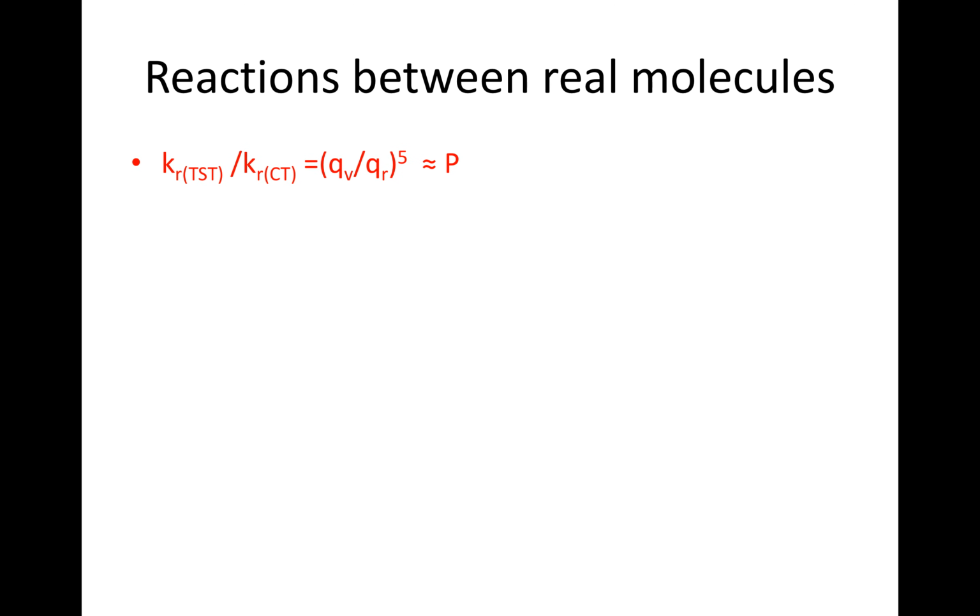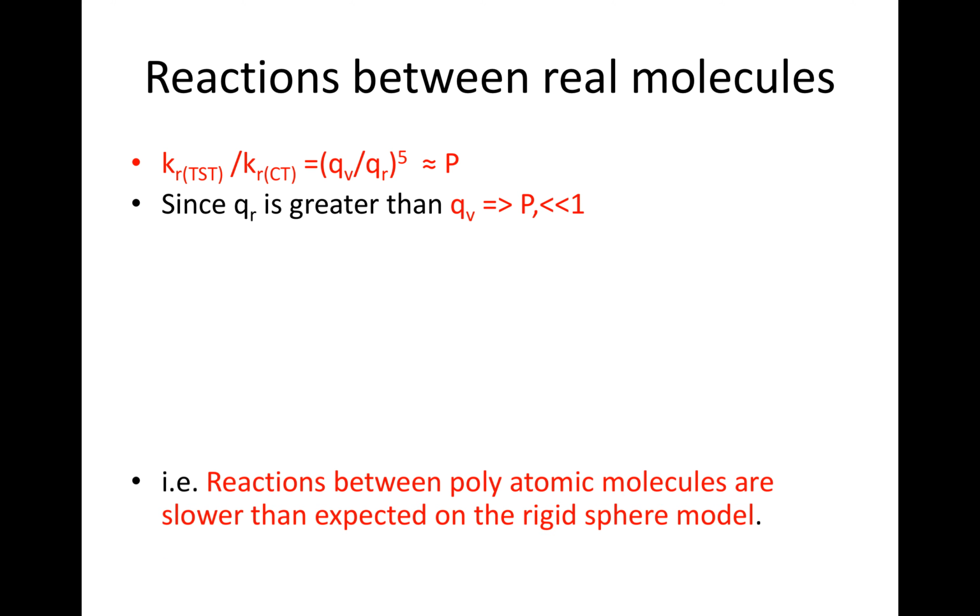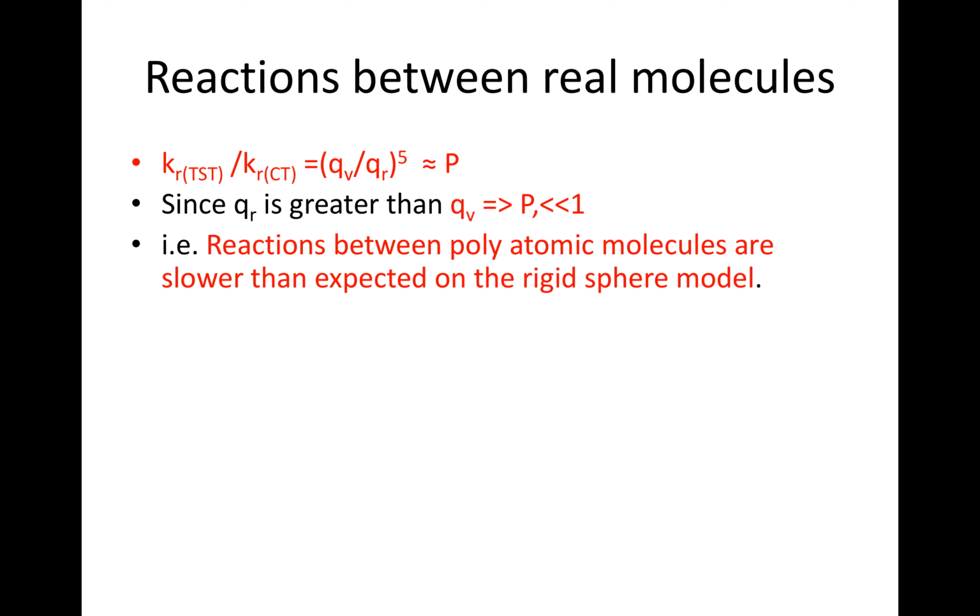So k_r TST over k_r CT is equal to (Q_V over Q_R) to the 5, which is approximately equal to P. Since Q_R is greater than Q_V, it means P is very, very much less than 1, i.e. reactions between polyatomic molecules are slower than expected on the rigid sphere model.